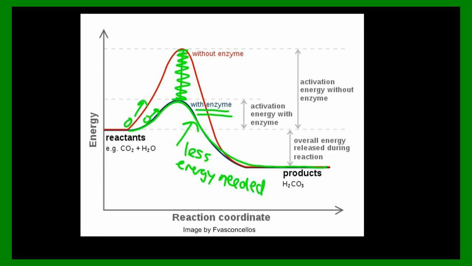Because of that, it's easier for the chemical reaction to take place. In fact, with an enzyme, this chemical reaction takes place 10 million times faster than it would without the enzyme. Enzymes really speed up chemical reactions.